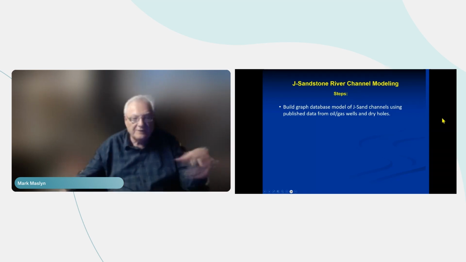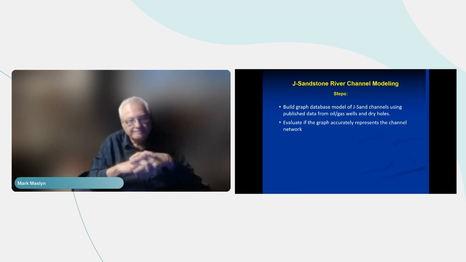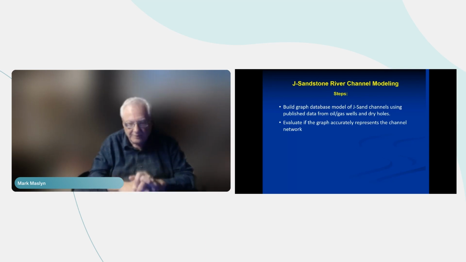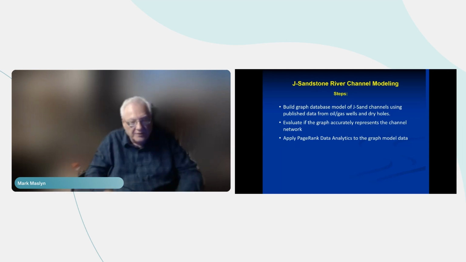So the very first step is to build the graph database model. Then we had to evaluate if the graph accurately represented the channel network. If we were going to use data analytics on it, we had to know that our mathematical model, the graph, was close to what we were seeing from the published data. And then we applied PageRank data analytics to the graph model data.